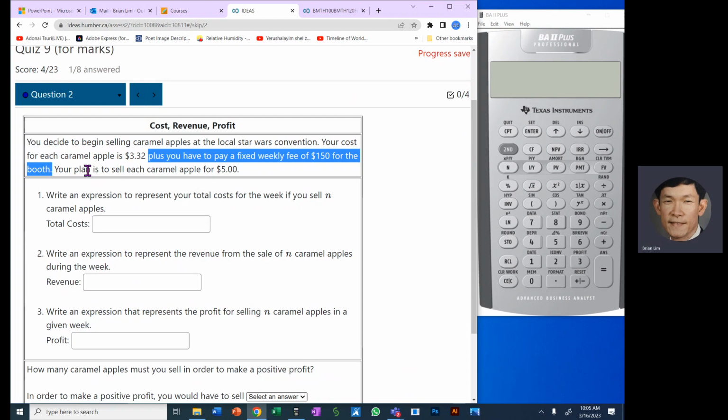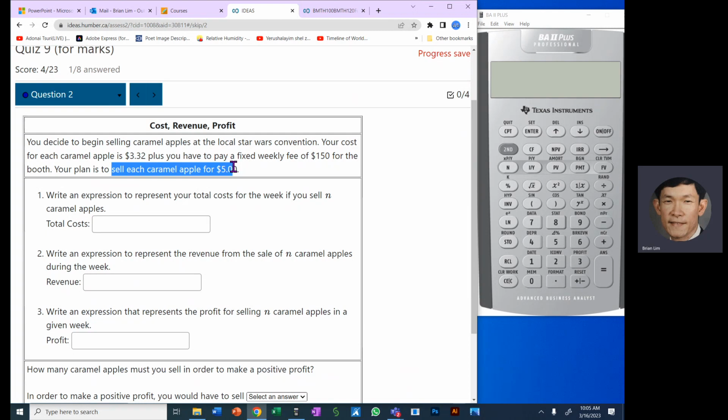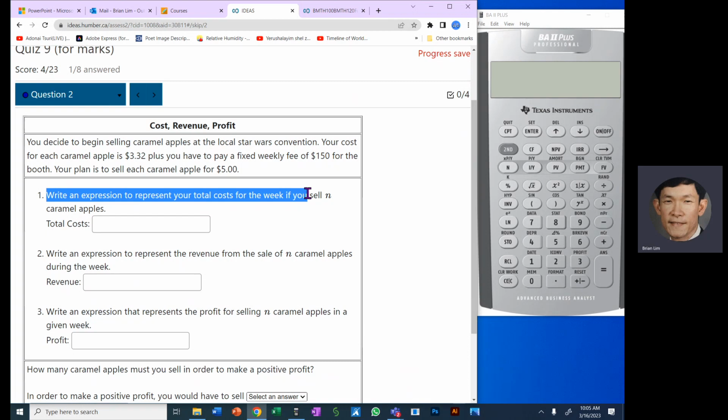Your plan is to sell each caramel apple for $5. Write an expression to represent your total cost for the week if you sell n caramel apples.